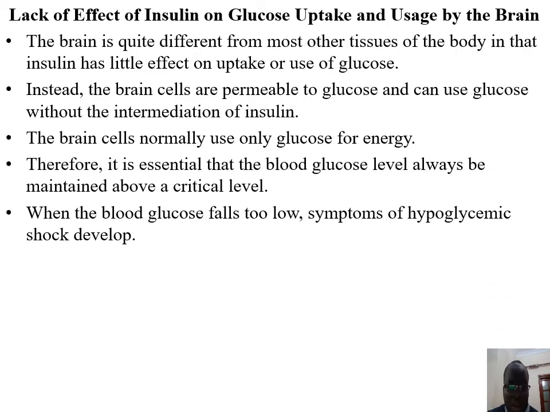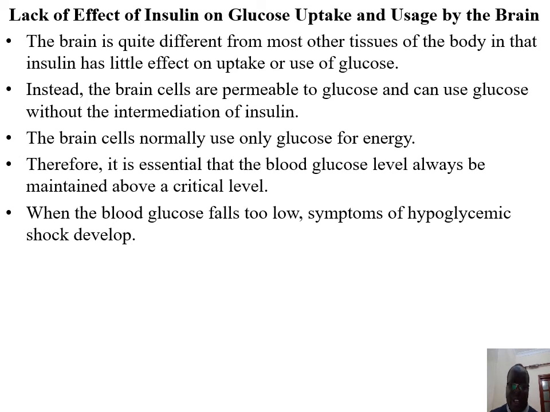Lack of effects of insulin on glucose uptake and usage by the brain cell. To some extent, I've already mentioned that the brain cells don't depend on insulin to internalize glucose because they mainly depend on glucose as a source of energy. So whether there is insulin or there is no insulin, they just have to internalize glucose.